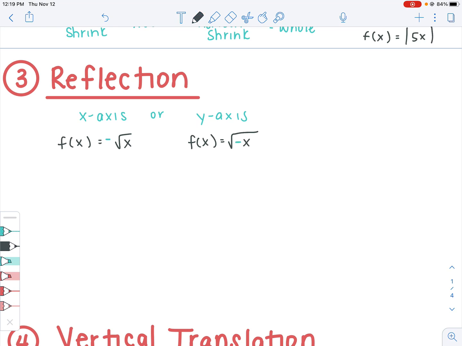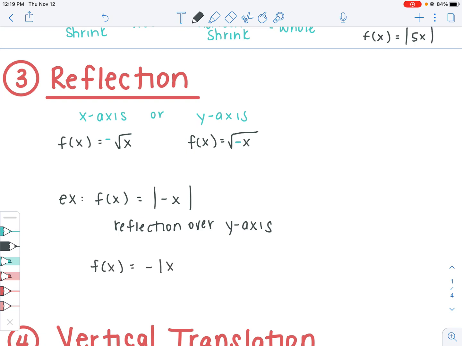So an example of this would be f of x equals the absolute value of negative x, which is going to give me a reflection over the y-axis, since the negative is inside the parent function, whereas f of x equals negative absolute value of x is going to give me a reflection over the x-axis because it's outside.